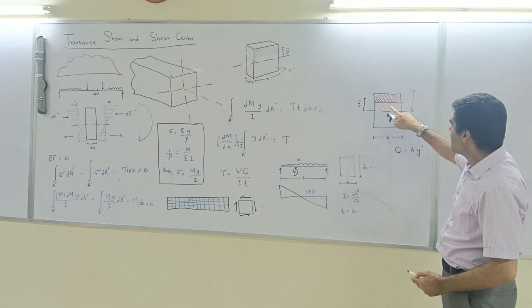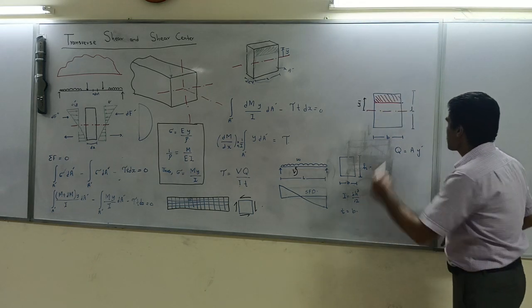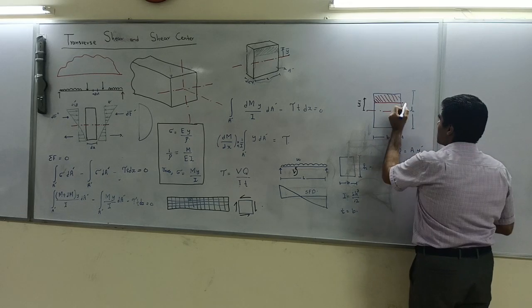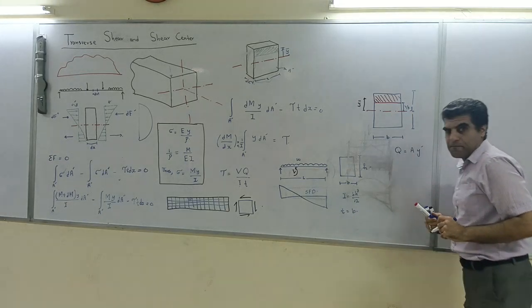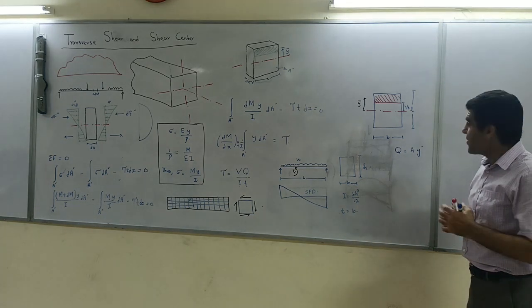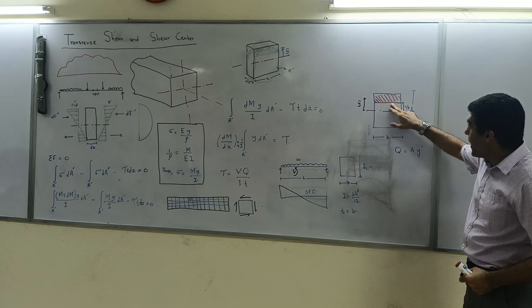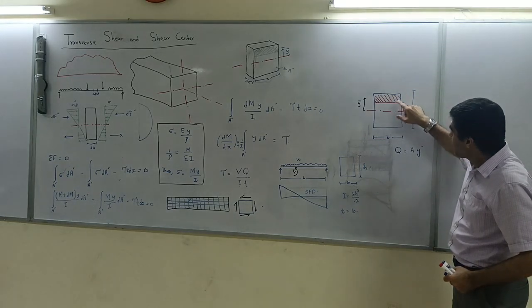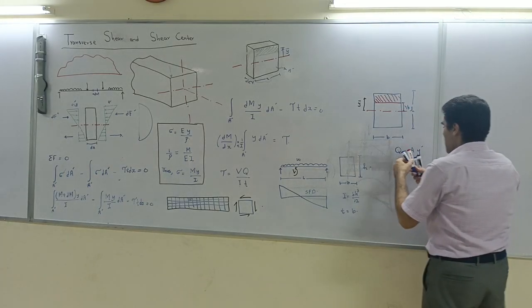I would find out my Q as area. So imagine this is at a distance h by 3 from here. I will take the area A, which is this times h minus h by 3, which is 2 by 3 here.